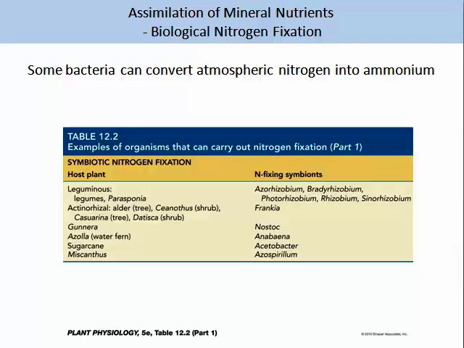Biological nitrogen fixation. In this form of nitrogen fixation, bacteria can convert atmospheric nitrogen into ammonia. There are some situations where plants have used this ability and have formed associations. The table on the slide, 12.2, gives some examples of organisms that can carry out nitrogen fixation.